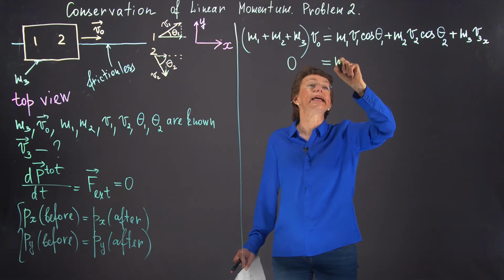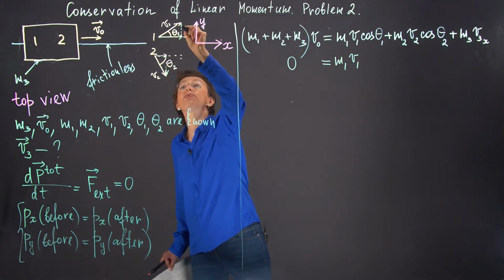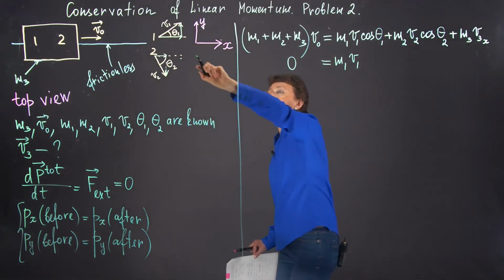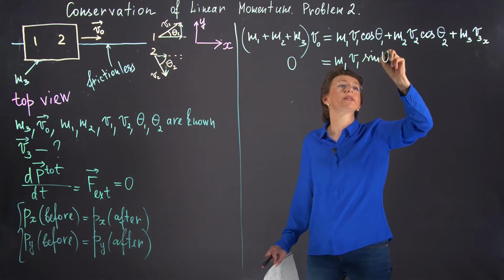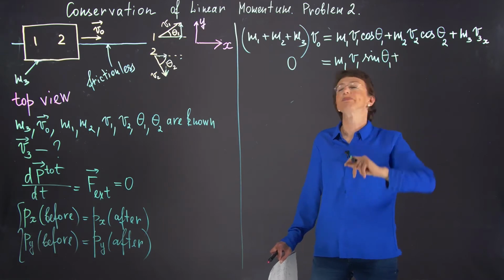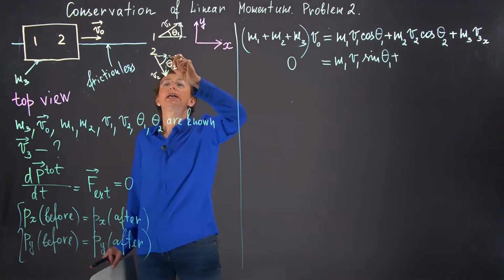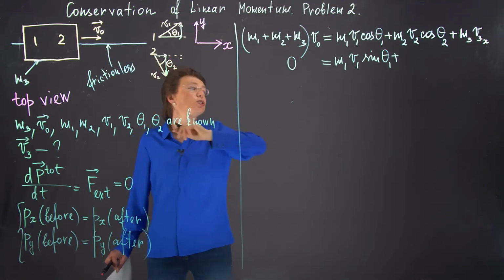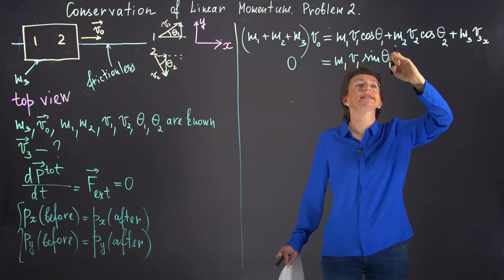It is m1 v1 sine theta 1, positive. For m2, positive or negative? My projection is negative, so instead of plus, I have to put minus here.